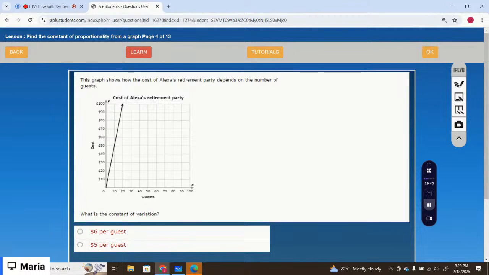What is the constant of variation? That is $5 per guest. Option number 2 is the correct option.